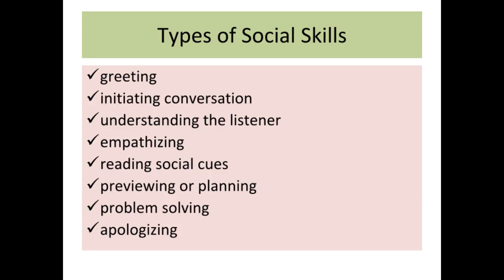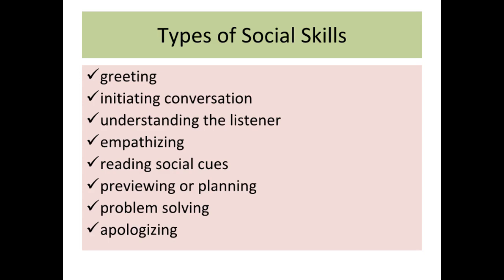These range from the ability to initiate, maintain, and end a conversation, to reading social signals, to more complex skills, such as solving problems and resolving conflict. These skills include greeting, initiating conversation, understanding the listener, empathizing, reading social cues, previewing or planning, problem solving, and apologizing.